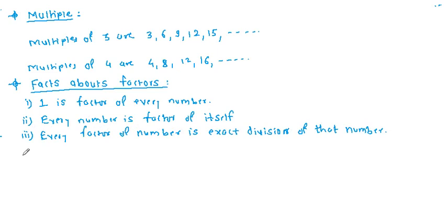The next point is every factor is less than or equal to the given number. We see the factors of 10: 1, 2, 5 and 10. So every factor is less than or equal to that number.